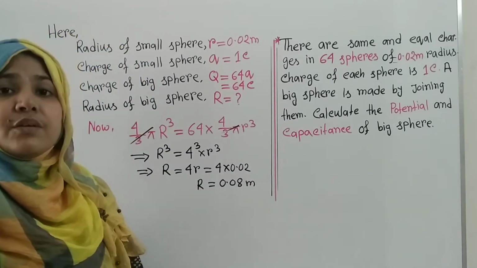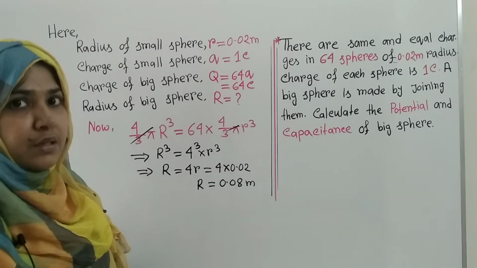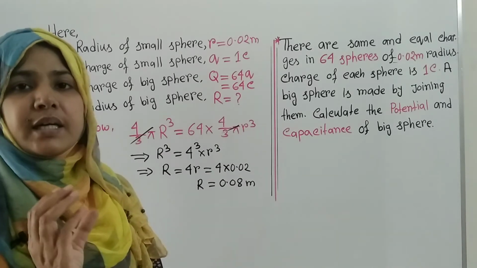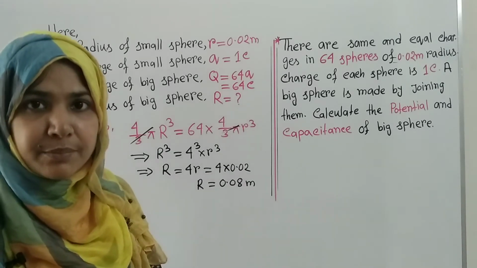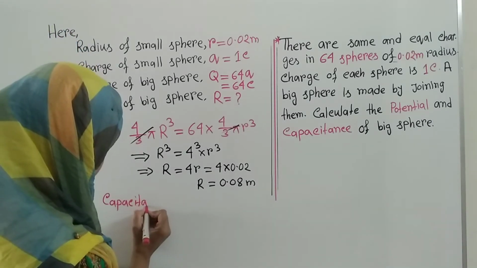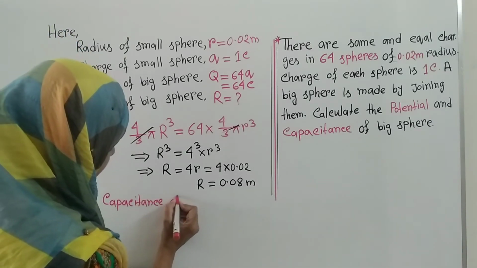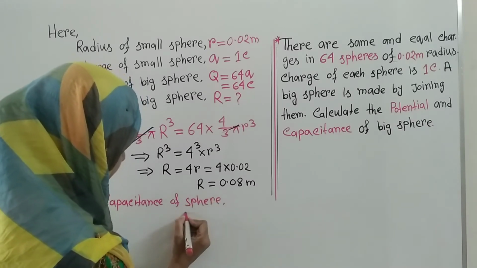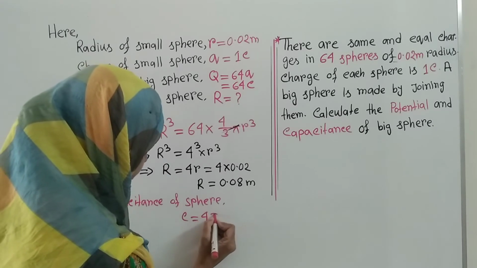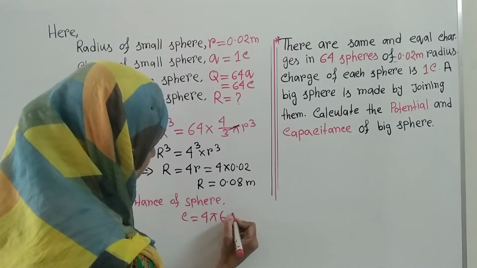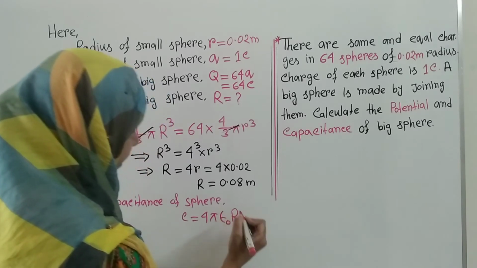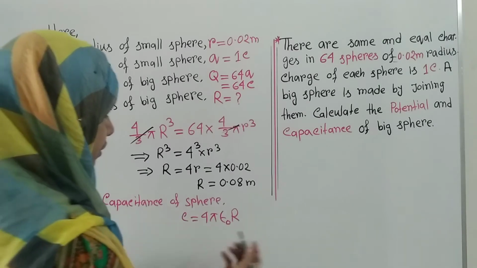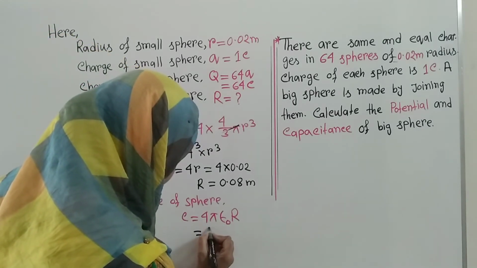Now students, we got the value of the radius of the big sphere. So now we can easily calculate the capacitance. You know that the capacitance of a spherical shaped object, C is equal to 4 pi epsilon naught R. Here I am taking big R as we are calculating the capacitance of the big sphere. So we already know all the values.